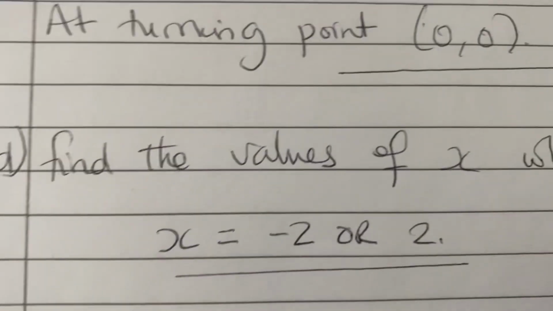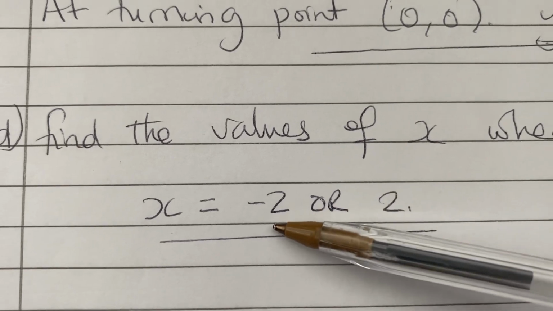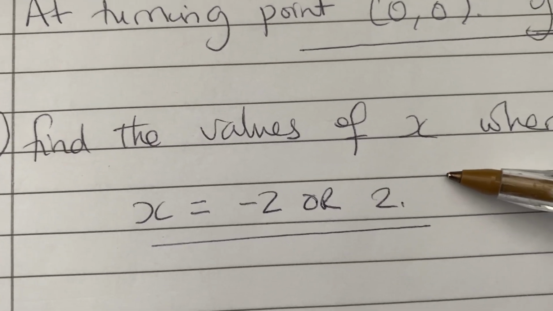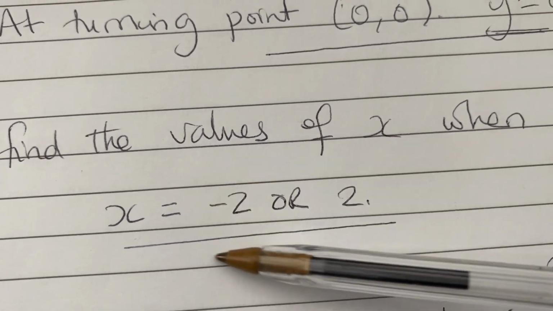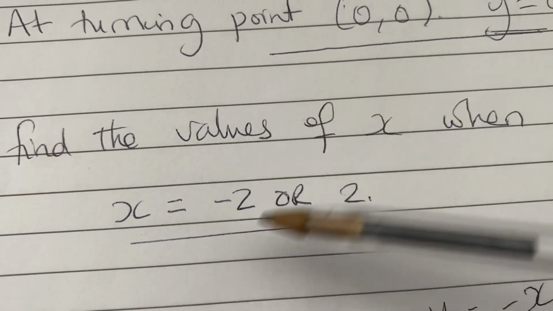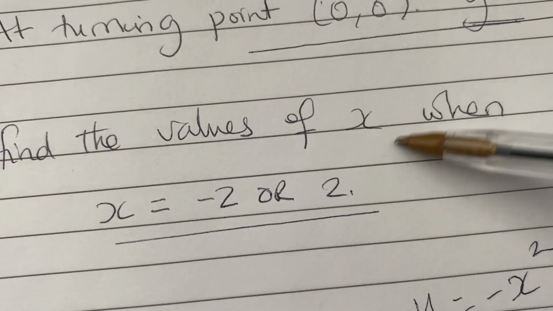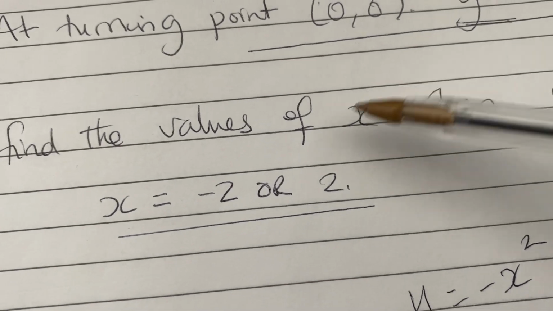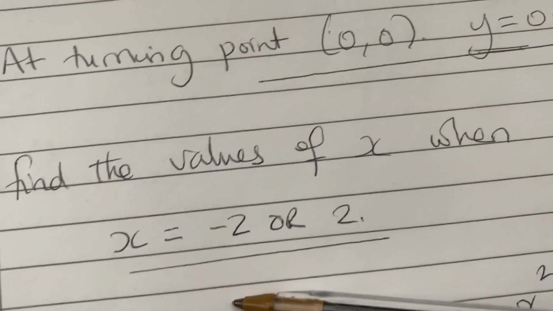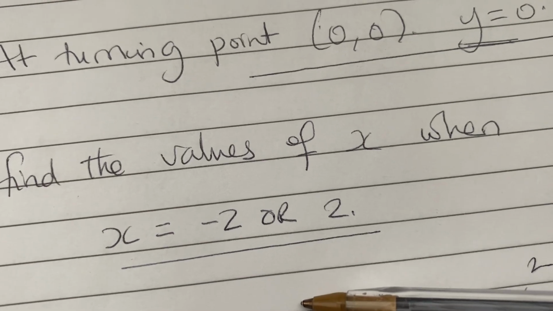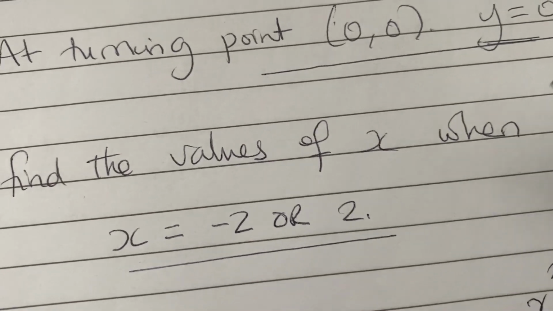Okay. Then x should be minus 2 or 2. If they ask you for the values of x, this will be your answer. If they ask you to give coordinates, they are going to write minus 2, minus 4, and 2, minus 4.